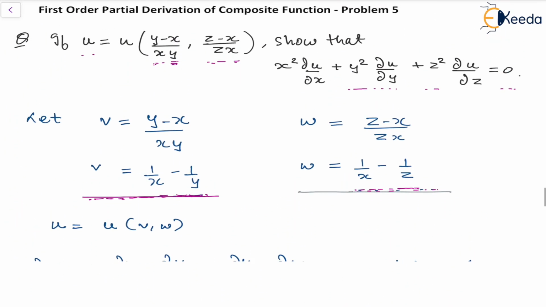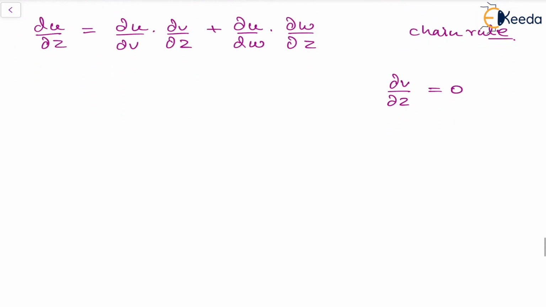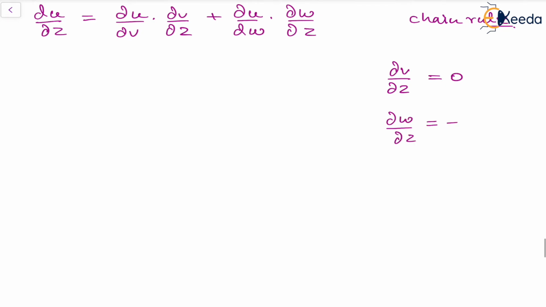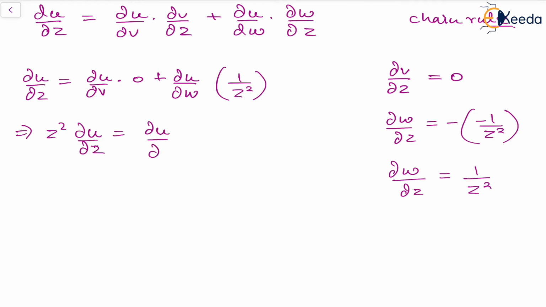Secondly, w is 1 by x minus 1 by z, so dou w by dou z will become minus of minus 1 by z square. Putting this, we have dou u by dou z equal to dou u by dou v times 0 plus dou u by dou w times 1 by z square. So z square times dou u by dou z equals dou u by dou w. Let us take this as the third equation.